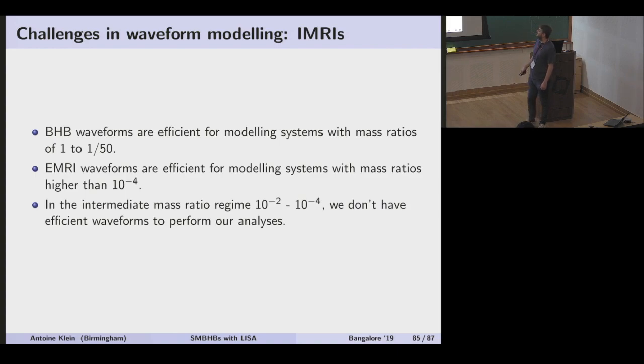Then the big unknown: intermediate mass ratio inspirals, those will probably be observable in LISA. The problem is that black hole binary waveforms, so post-Newtonian waveforms, are very good up to say 1 to 1/50-ish mass ratio.